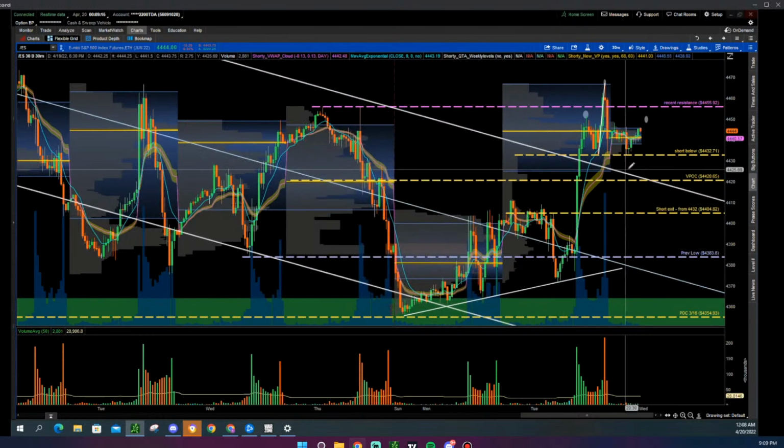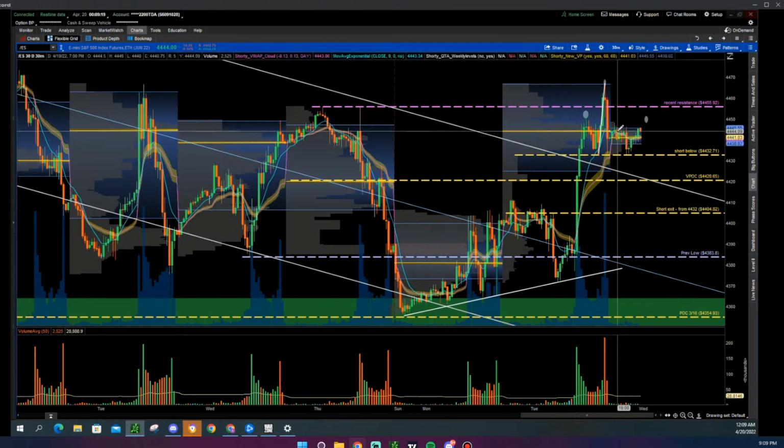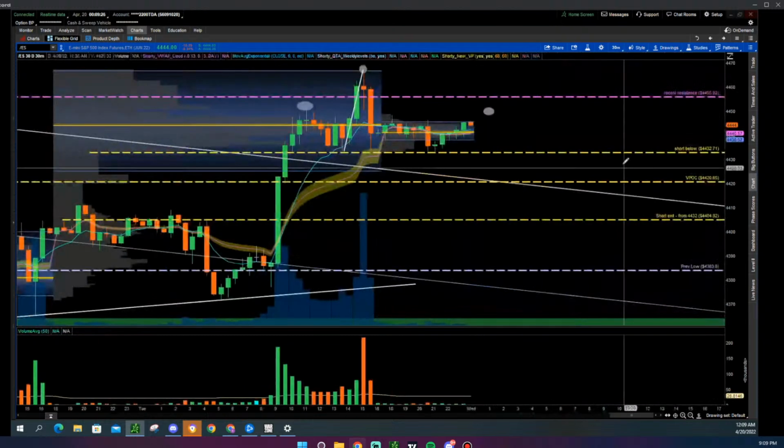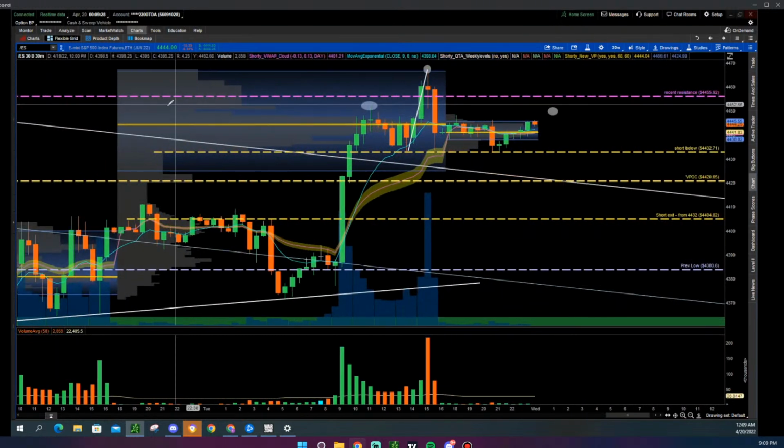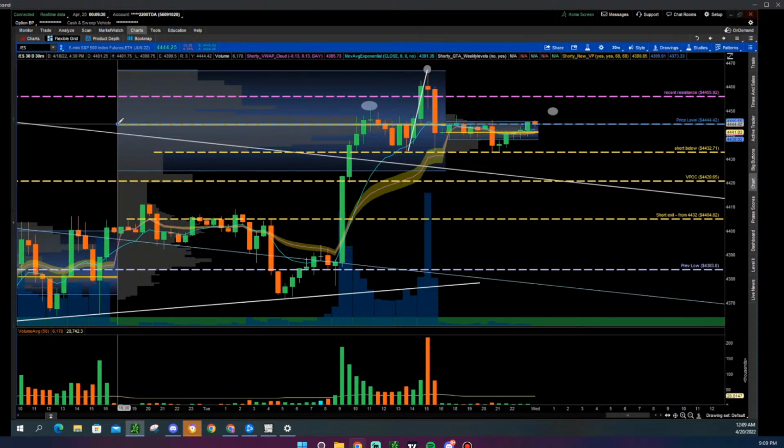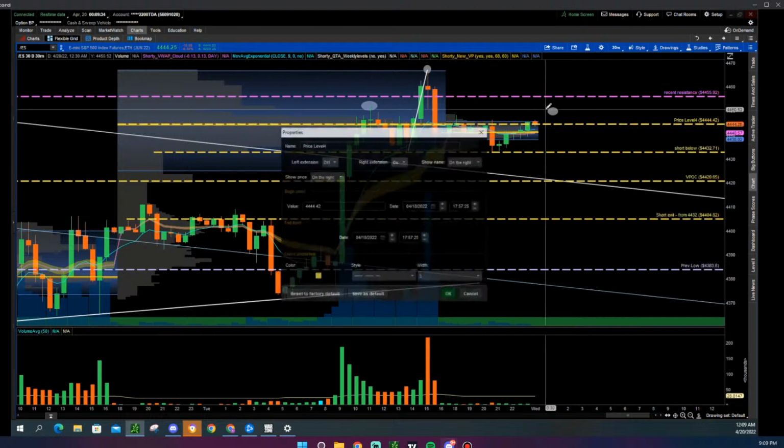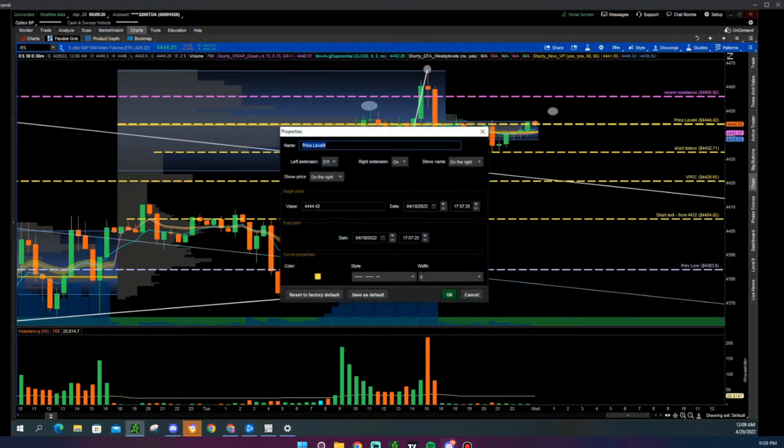I'd watch this tomorrow, see what they want to pull off. I mean, we're down a little bit. And we have this POC here, which is 44.44. Valley, this level again. This is yesterday's POC, right?